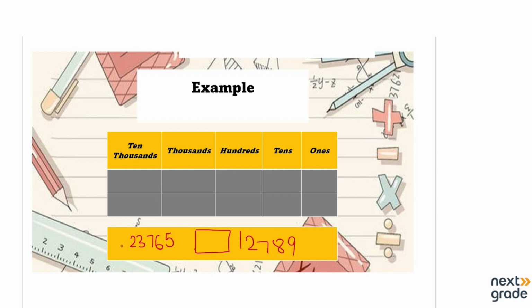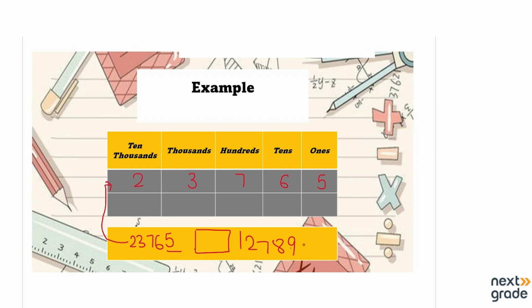Let's put the first number over here, and let's start with the ones. We'll write 5, in tens 6, then 7, then 3, then 2.